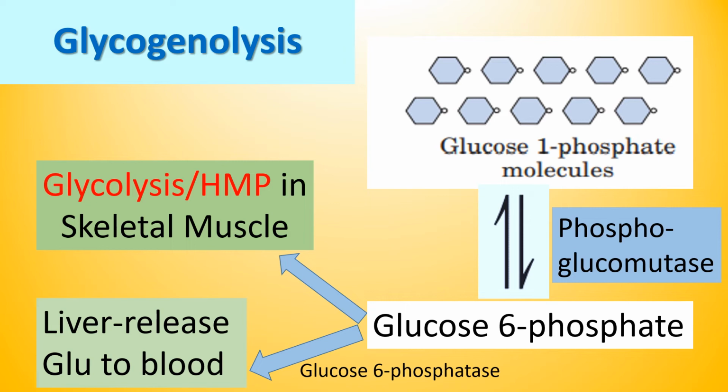In skeletal muscles there is no production of glucose, because they lack glucose 6-phosphatase. However, in the liver there is a release of glucose to the blood to maintain the blood glucose level, because of the presence of glucose 6-phosphatase.